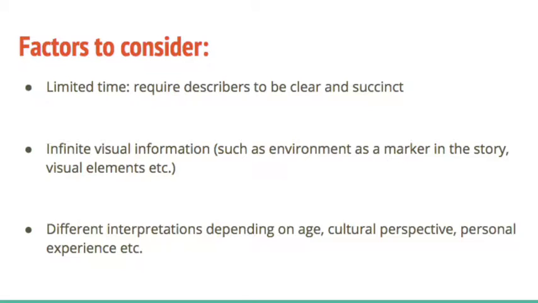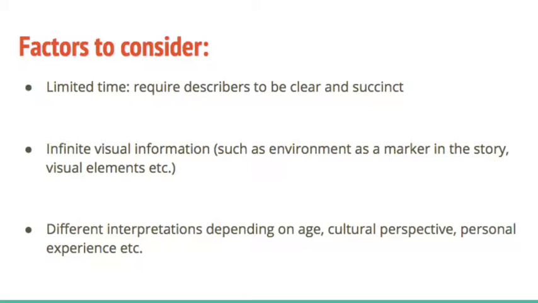And then another difficulty is the possibility of different understanding. As we all know, after seeing a movie, people tend to understand or ultimately judge the film differently. Because affected by our age, cultural backgrounds, or experience, etc., people tend to approach the movie in their own way. So with audio description, this process of interpretation is even more complicated, because listeners can only understand the scene through describers' description.